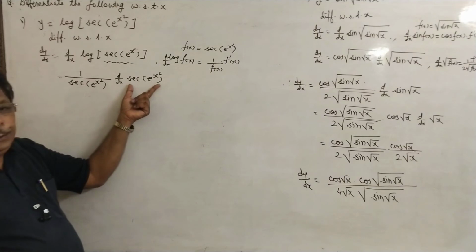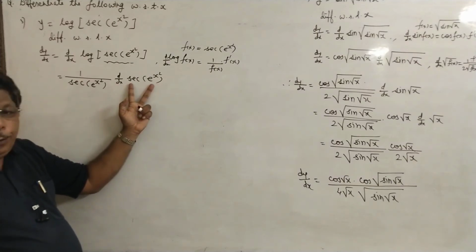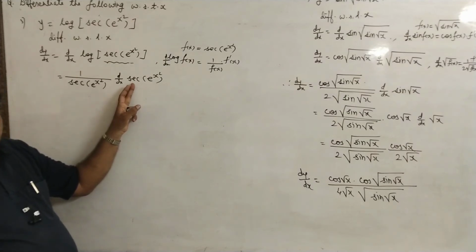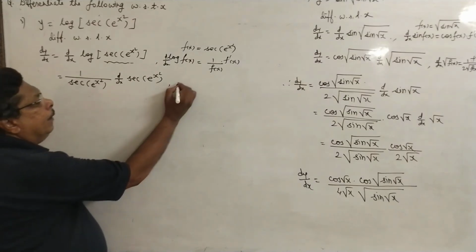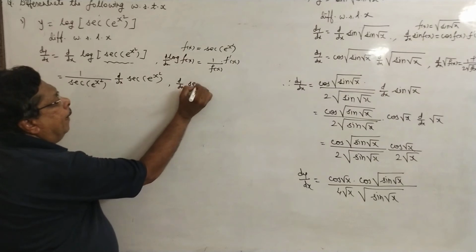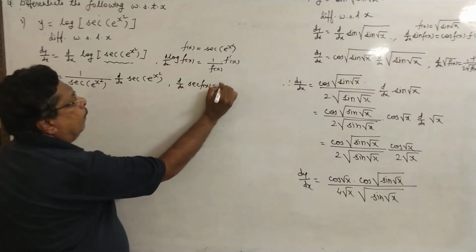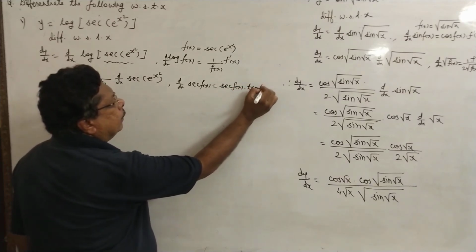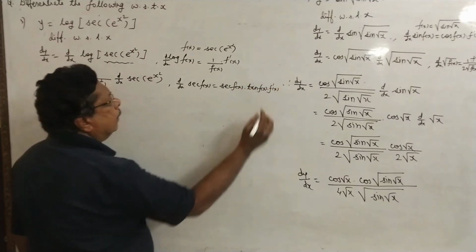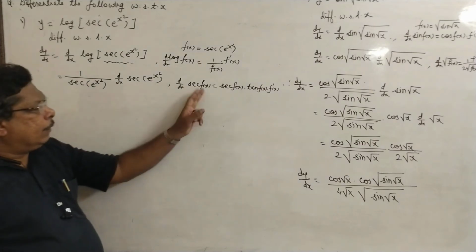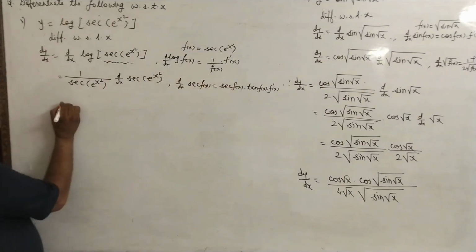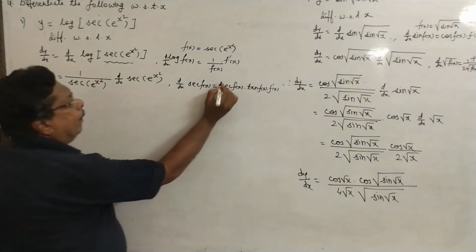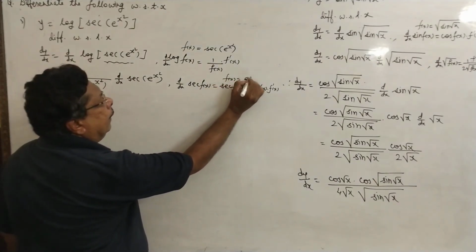Now take the derivative of this term. How can we take the derivative of this term? We know that the derivative of sec is sec into tan. Similarly, the derivative of sec f(x) is equal to sec f(x) into tan f(x) into f dash x. Here our f(x) is equal to e raised to x square.